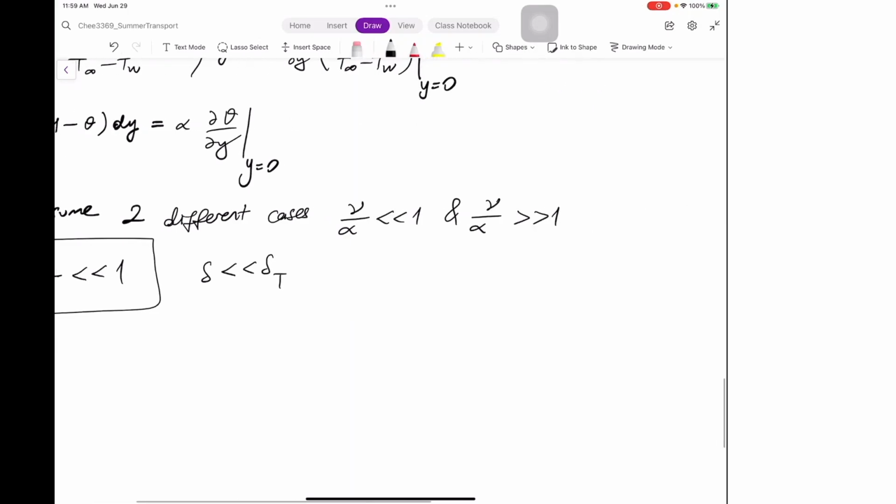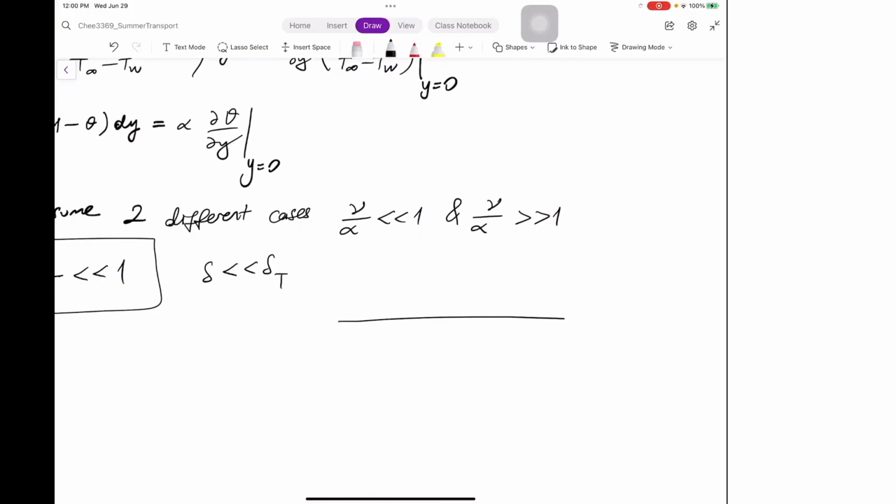In other words, your profiles look as follows. This is the velocity profile, and this is your temperature profile.